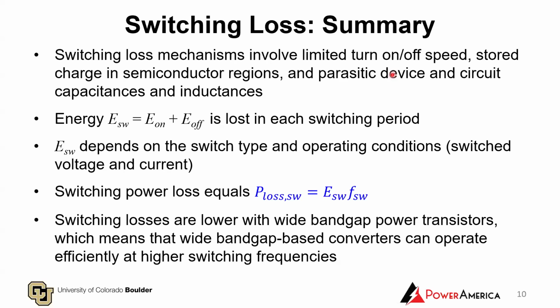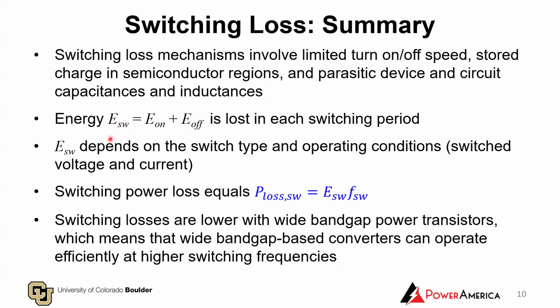And there are also parasitic device and circuit capacitances and inductances. The charging and discharging of those also involves an amount of energy lost in each switching cycle. So the total switching loss energy is a summation of the energy loss during turn-on transition and turn-off transition, and this is a chunk of energy that is lost in each switching period.